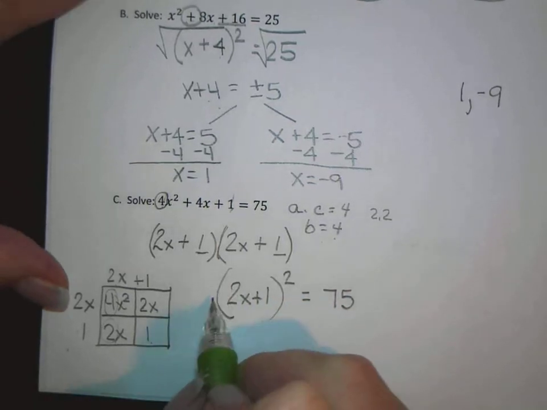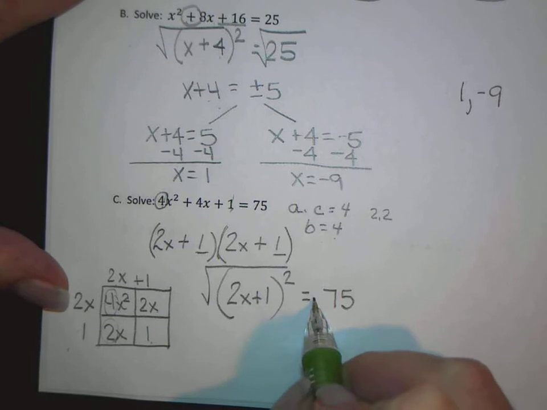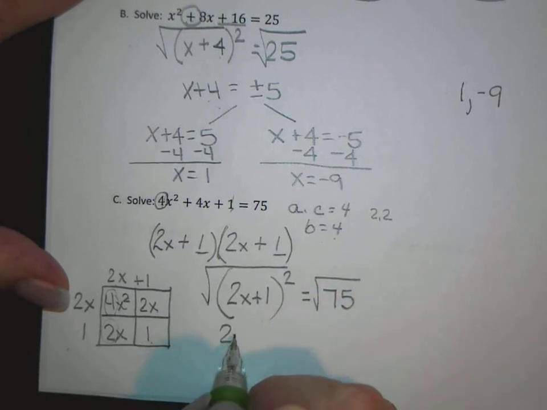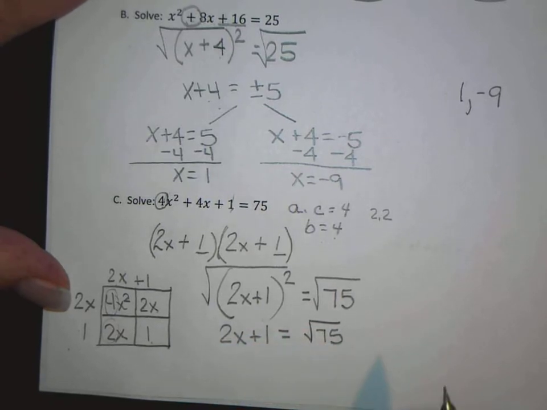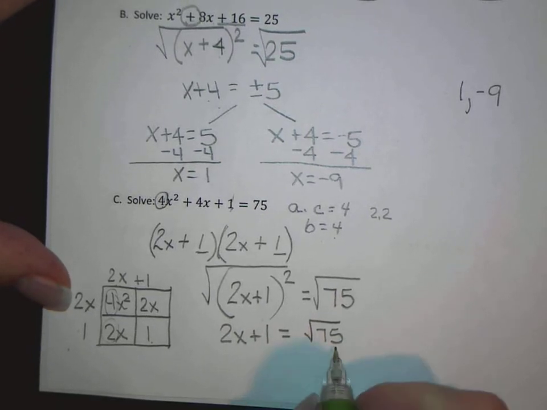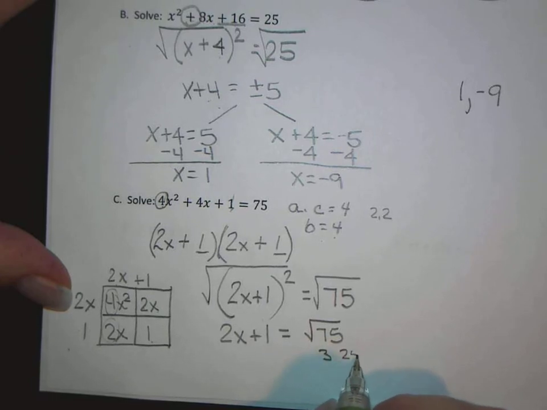All right, so then what are you going to do? You're going to square root both sides, and you're going to get 2x plus 1 equals the square root of 75. Now, if you recall, you could change it to a decimal, whatever that might be, but remember, you want simplified radical form. So how do we break down 75? You're going to go 3 and 25, and 5 and 5.